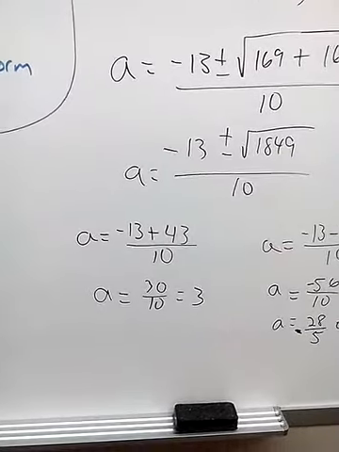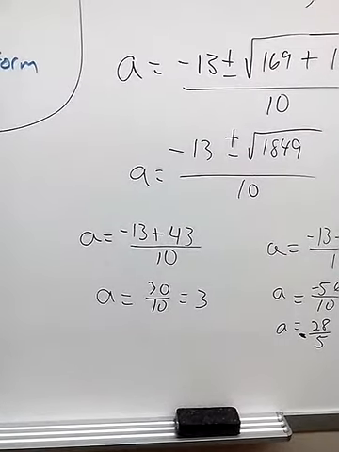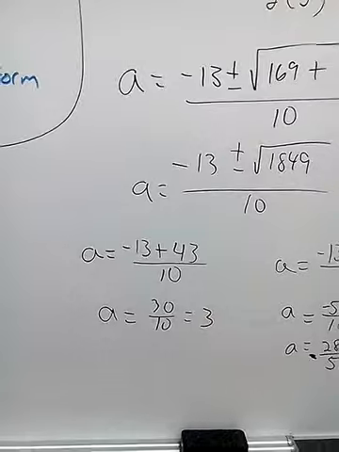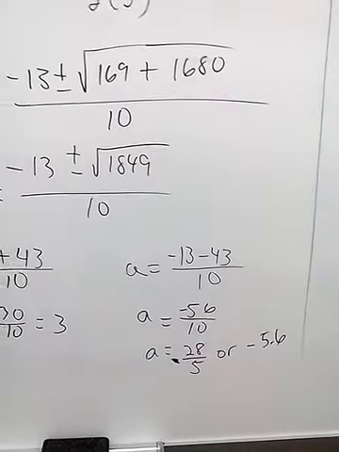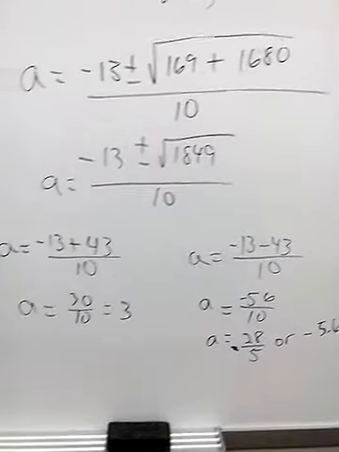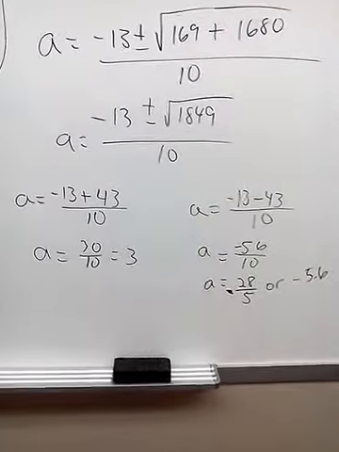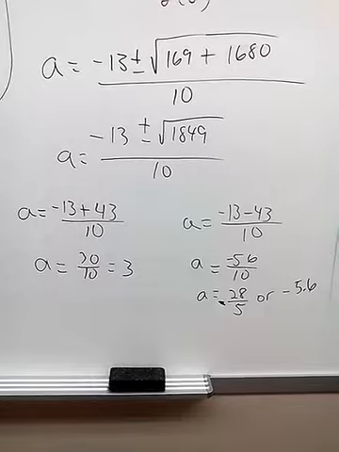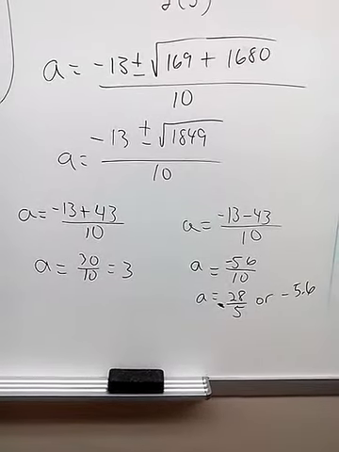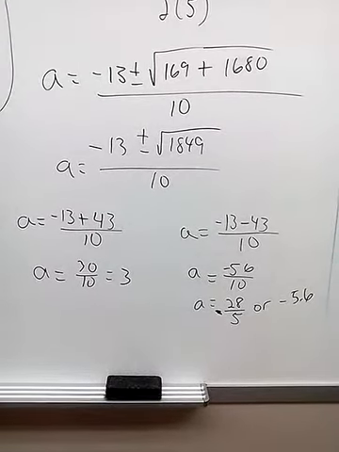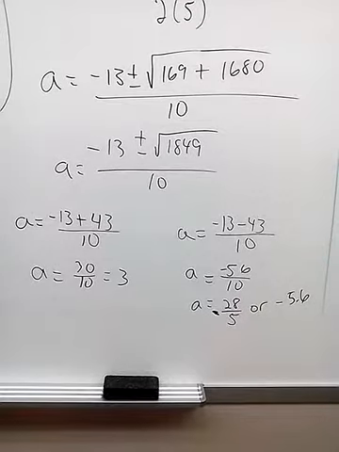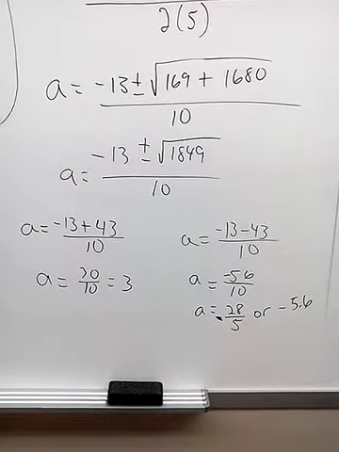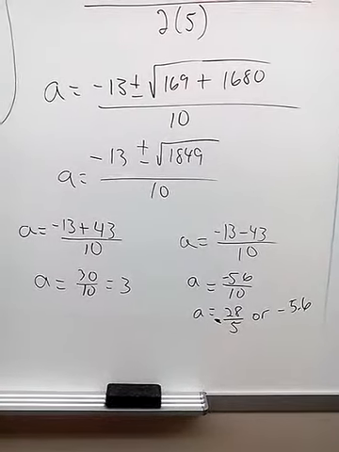Square root of 1849 is 43. So we write our equation as our plus and minus separately, so we can get our results separately. So a turns out to be 3. And on the other side, a is approximately equal to negative 5.6.